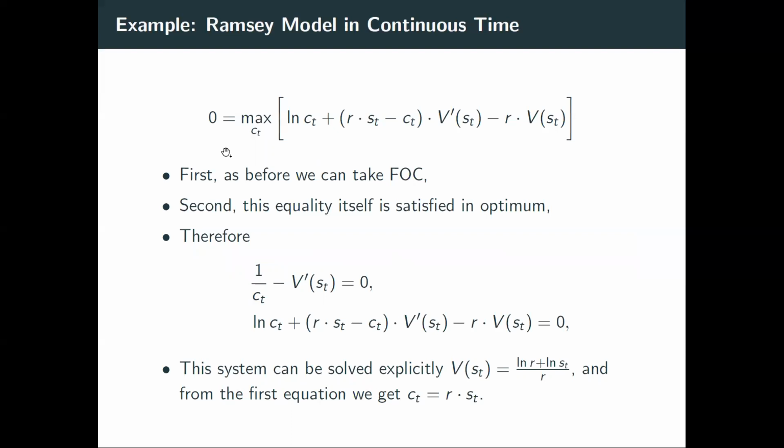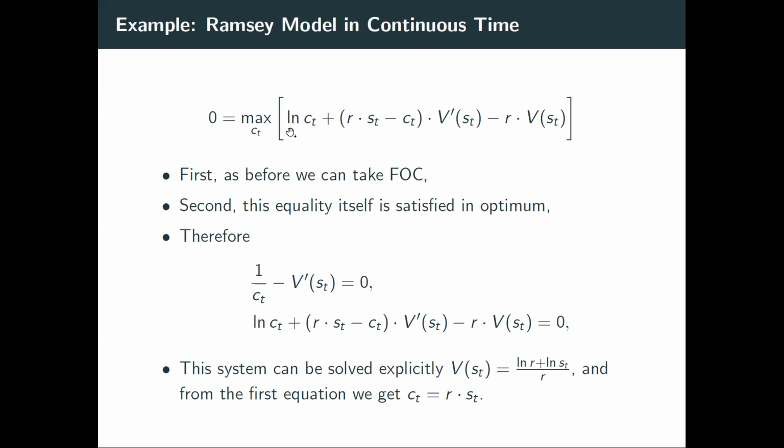That's again a Bellman equation. You can write it in a more natural way, for instance, transferring this term to the left-hand side, because it doesn't depend on CT directly. But even in this form, it's fine. So how can we proceed with solving it? First, it's the maximum over CT, so we can take the first order conditions.